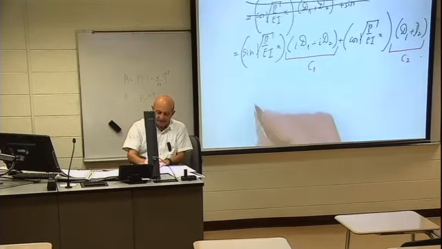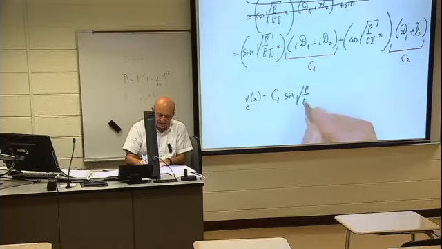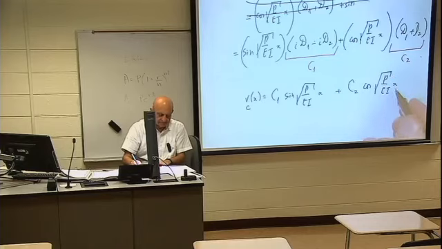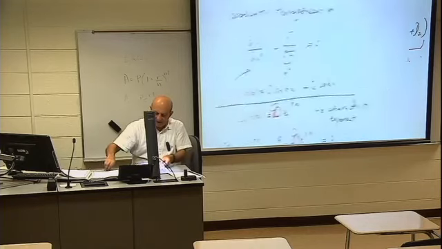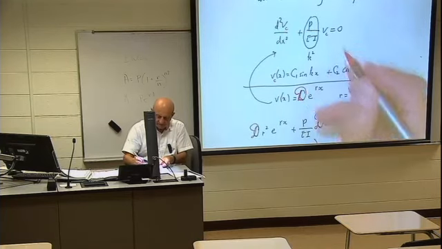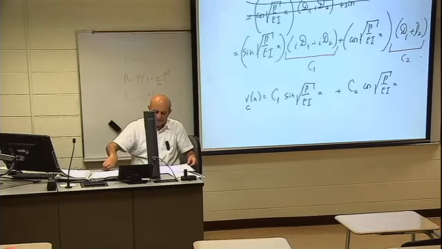So then I get v of x equals, that is complementary, c1 sine p over EI x plus c2 cosine p over EI x. So I will just supply here complementary. Any questions?